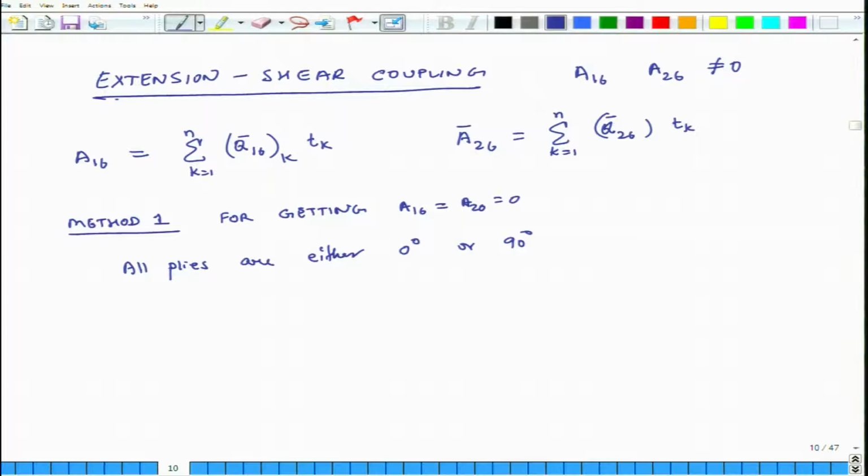All plies are either 0 degrees or 90 degrees in orientation, because if all plies are either 0 or 90 degrees, then for each ply Q16 bar and Q26 bar will be 0. Why?